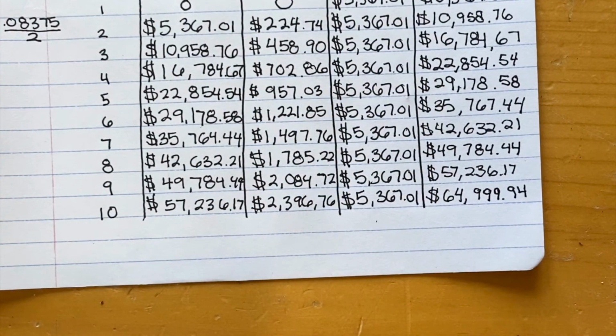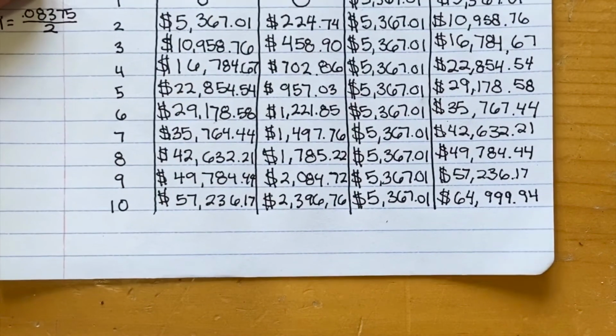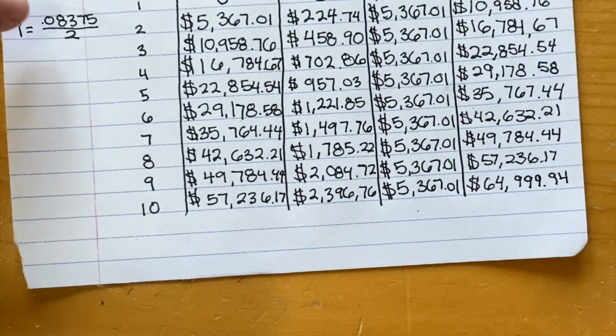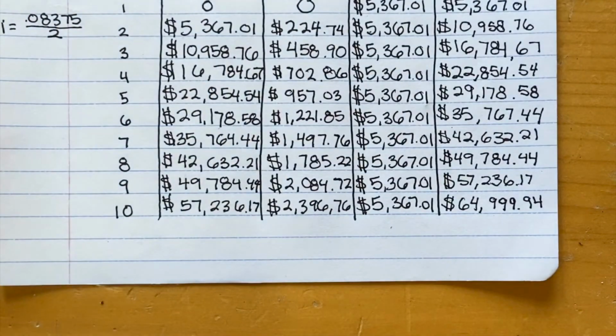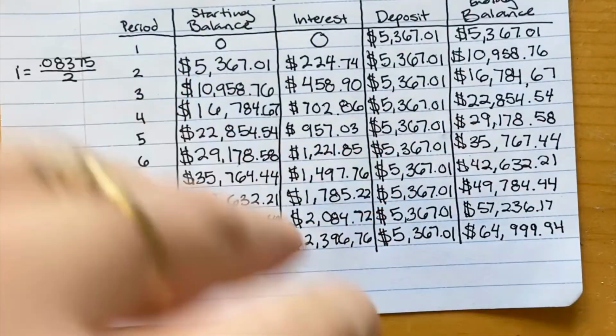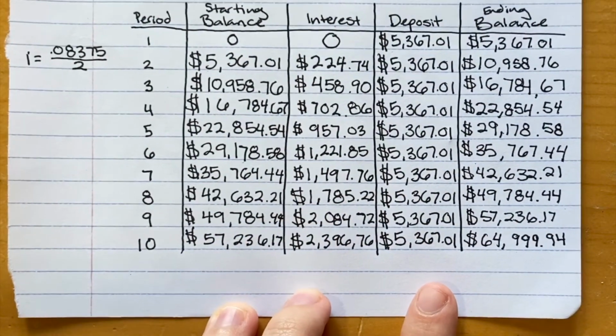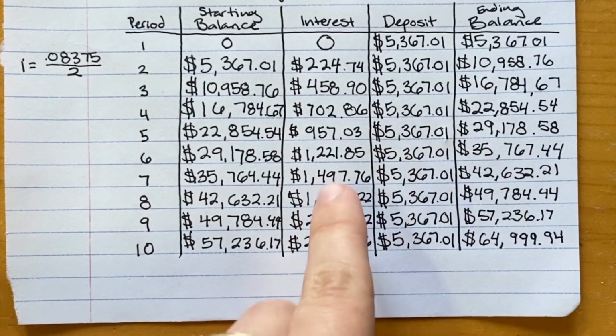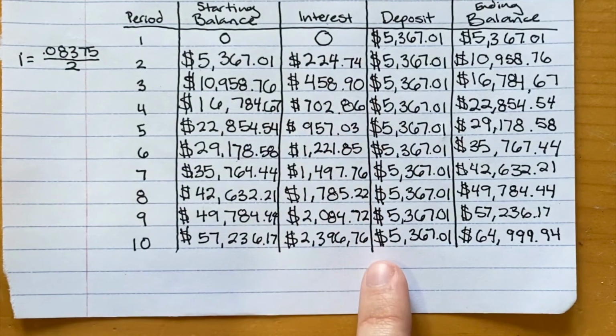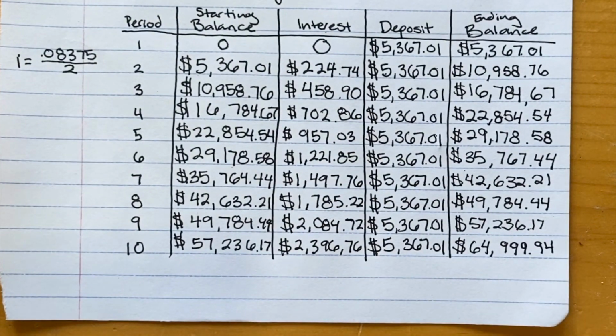Hopefully she'll be able to come up with the last 6 cents, but that's just a result of us rounding over time. And this is a really cool way to see how our interest increases over time, and hopefully after this you'll be able to solve any issue or problem related to sinking funds.